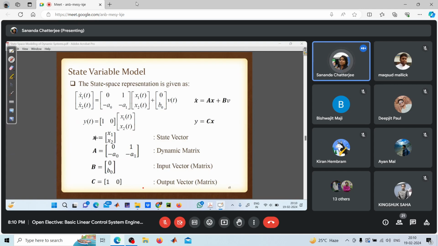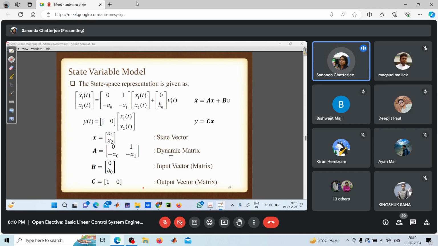So this is x dot, and this is a matrix which will be relating the derivative of the state vector with the state vector. So this is actually responsible for the dynamics in the system.